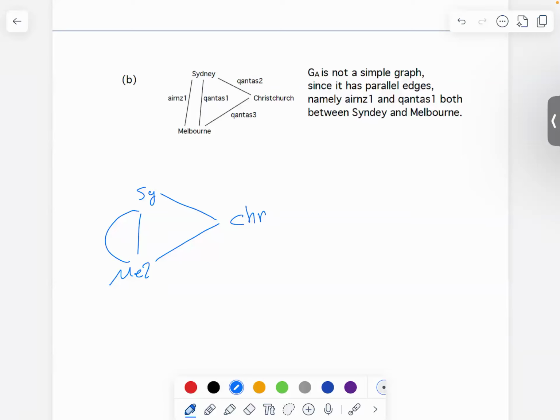So what about this one now? If I try to find a Hamiltonian cycle, well, it's easy. I discovered a cycle inside this graph. It does use all vertices just one time, except Melbourne as the starting and ending point.